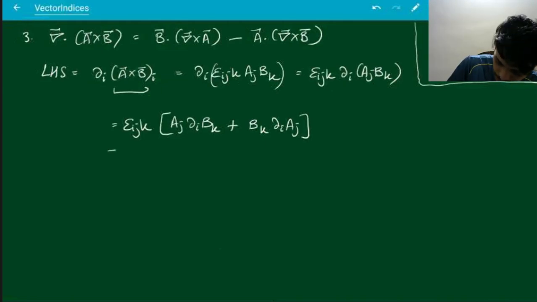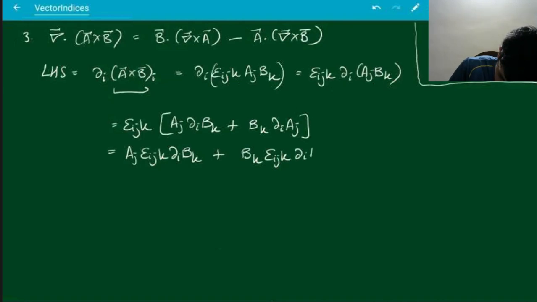So let's break these up. So I get a j epsilon ijk del i b k plus b k epsilon ijk del i a j.